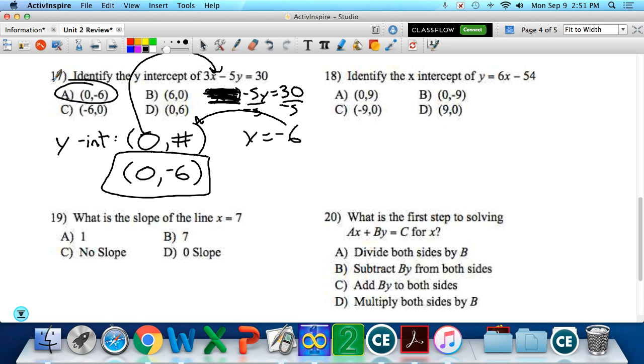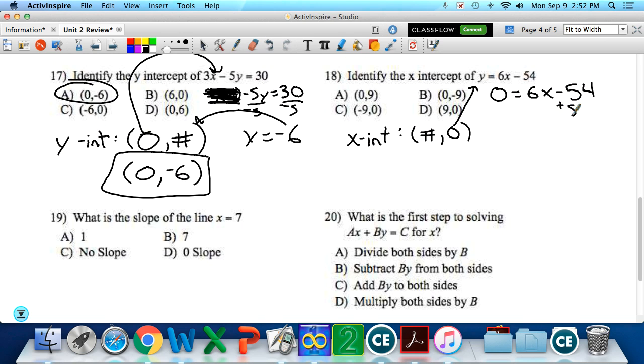Number 18, find the x-intercept of this. There's two methods to do this, and I'm going to show you both. Method number 1 is essentially what we just did, but in reverse, meaning that for an x-intercept, the x is important, it's in the name, and the y is 0. Well, if I plug that in, I get 0 equals 6x minus 54.